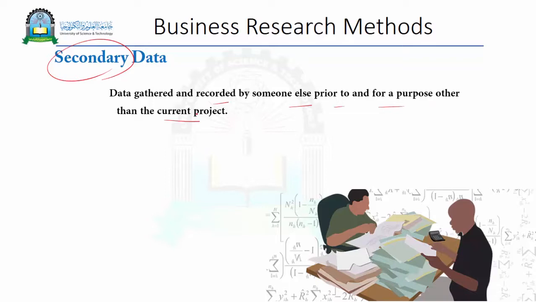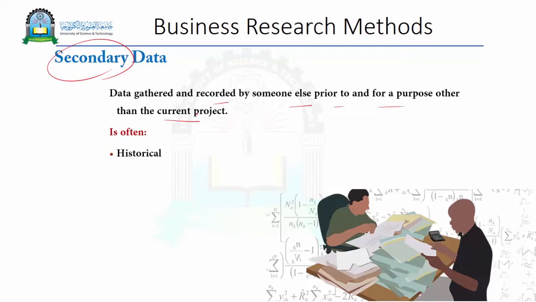So it is data collected for something else, for example financial reports or census data, used in a research but collected for another purpose other than the research.